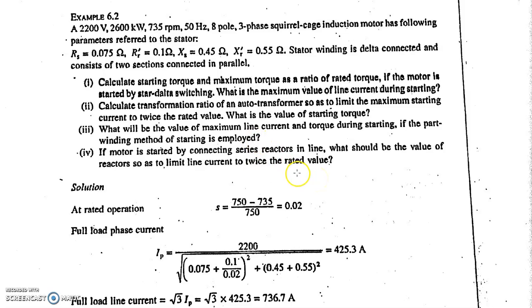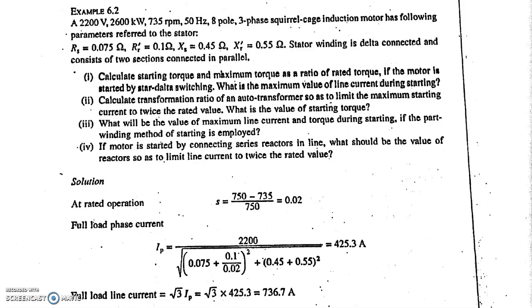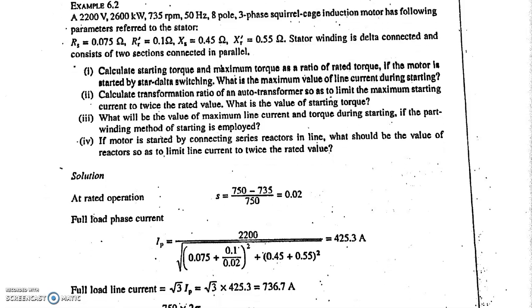Before we proceed to the first section, we will calculate some values based on the rated values, which are given as 2200 volt, 2600 kilowatt, 735 RPM, 50 hertz, 8 pole squirrel cage. So first we will calculate the slip.